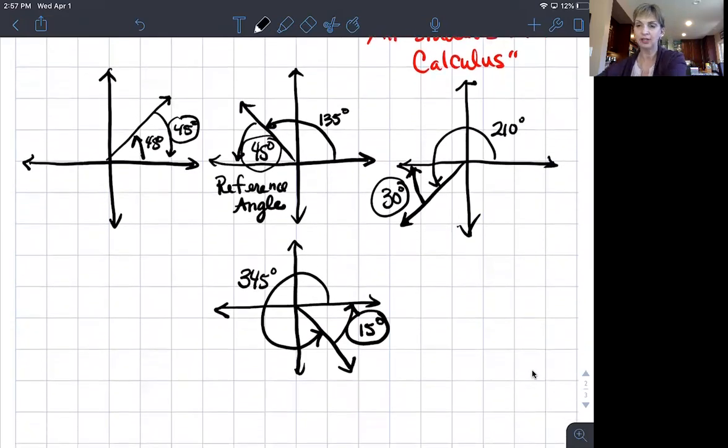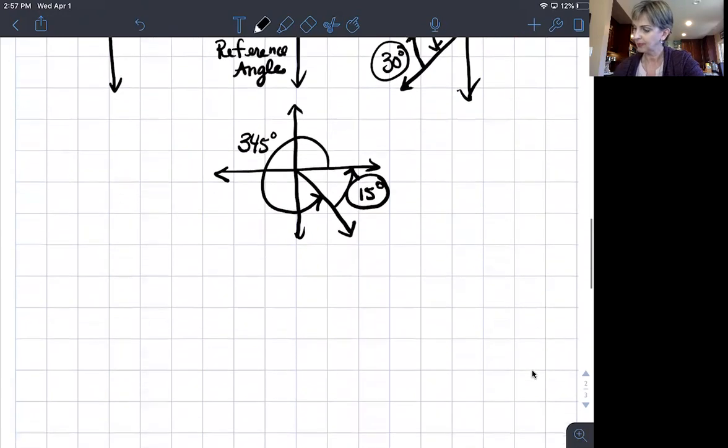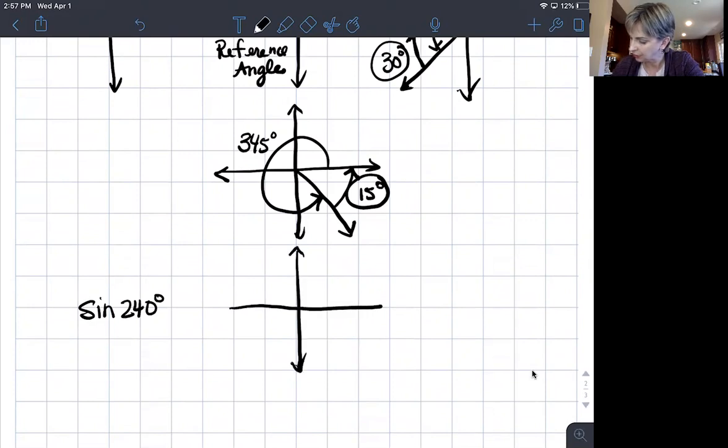Okay, so now we know how to find a reference angle. Let's put this stuff together. Let's say we want to find the sine of 240 degrees. I don't know what the sine of 240 degrees is, but what's the reference angle? 240 degrees is down here in quadrant 3.